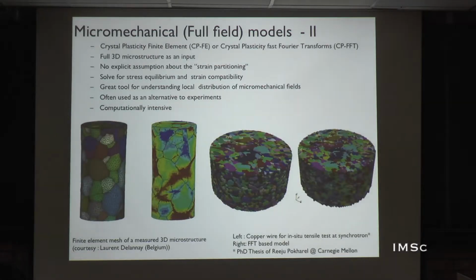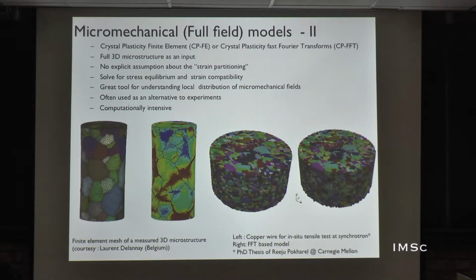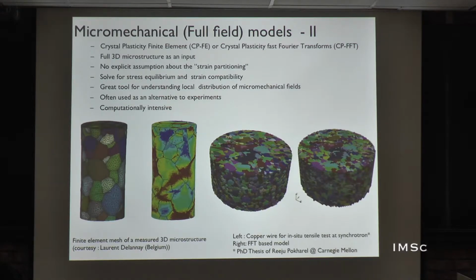On the other end of the spectrum, you have what are called the full field models, which is a no-brainer. Essentially what you are saying is, we don't make any assumptions. We have a domain, we know its microstructure, we are going to discretize it, and then we are going to solve for the local stress and strain fields. The most common way to do it is the finite element method. And you know the boundary conditions that you apply. If you know at every integration point the constitutive response of the material, then you can pretty much get this, right.